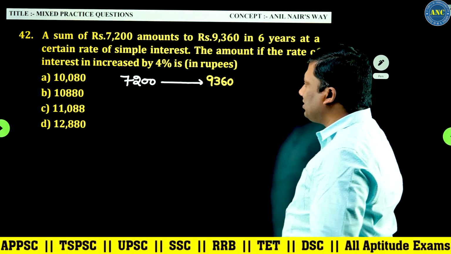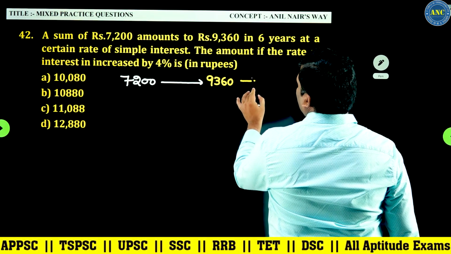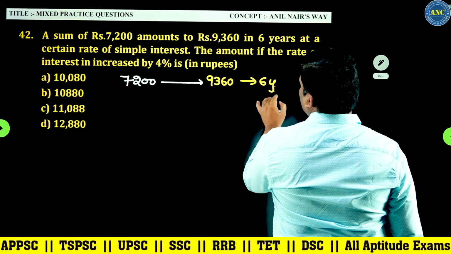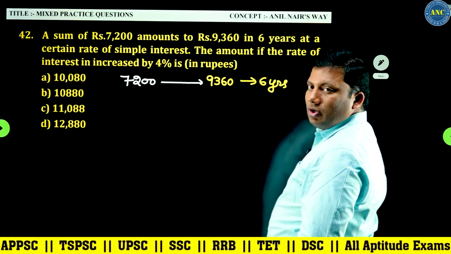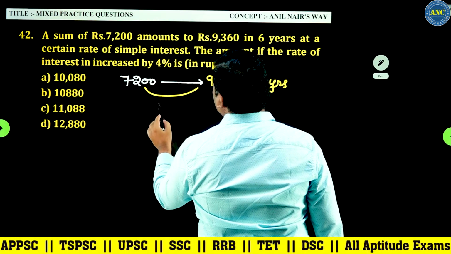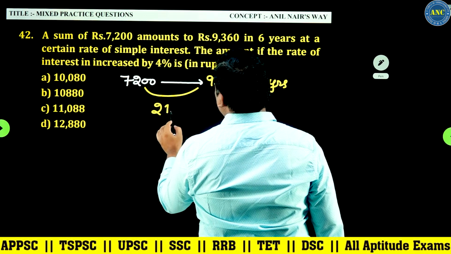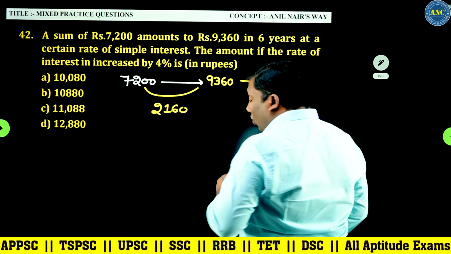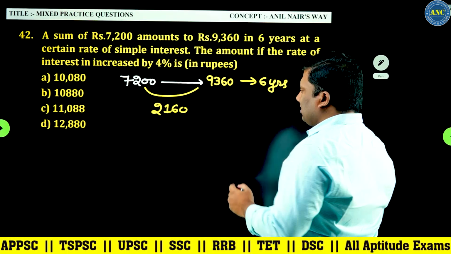In 6 years it is becoming that. That means how much is the increase? 2,160. Total interest is 2,160.